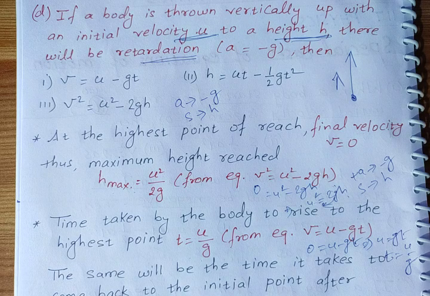Third equation of motion, v square minus u square equal to 2as. Then after we saw some special cases, under that the equations of motion get modified. Those special cases are very important. It will help you a lot in the higher classes in physics. You have to remember this one.